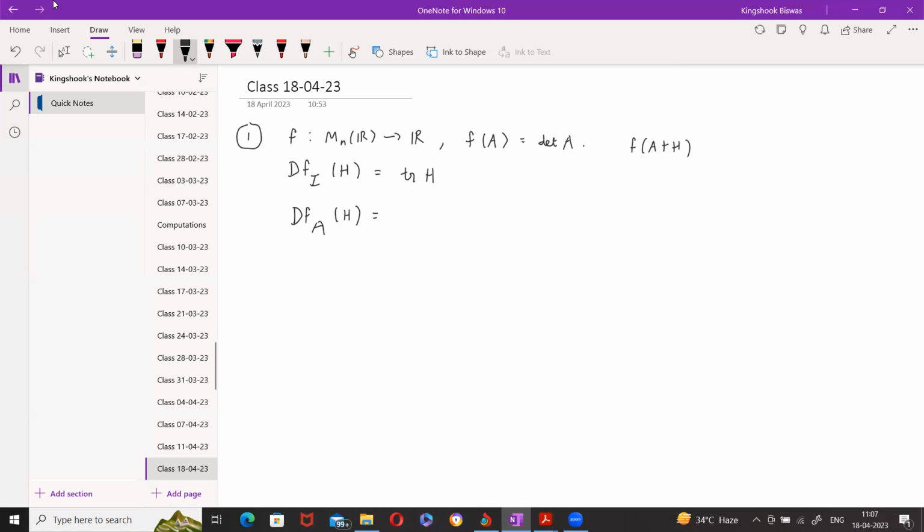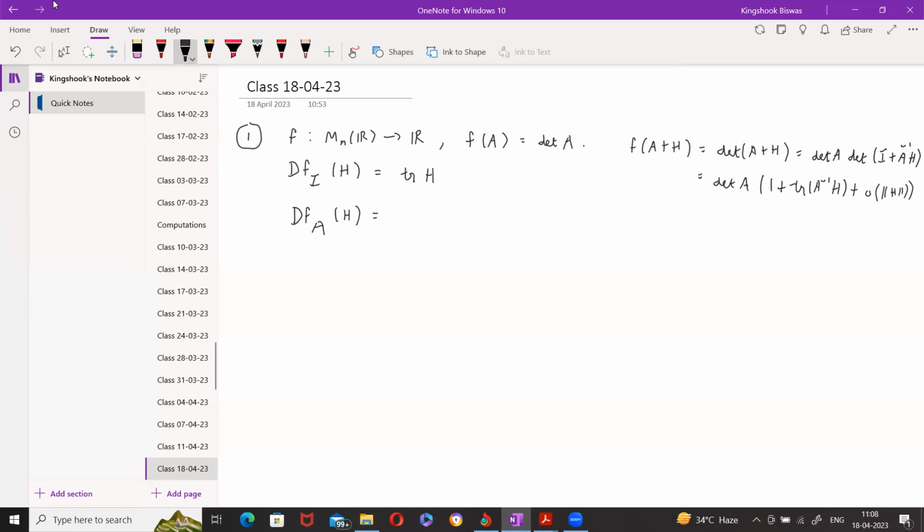It is determinant of A plus H. So that is, you take the A common and this becomes determinant A into determinant of identity plus A inverse H. And so this becomes, using the fact that the derivative of f at the identity is the trace, determinant A into 1 plus trace of A inverse H plus big O of norm H squared, or little o of norm H if you like.